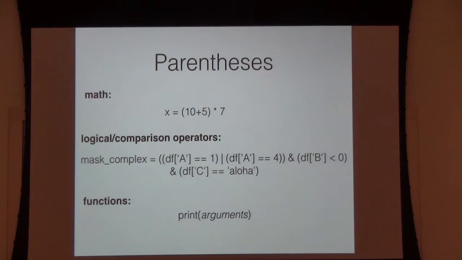So here's an example of how you use parentheses. We know we can use parentheses in math, in Python. You put your parentheses to make sure that if you forget the order of operations, you're getting what you want. You can also use them with logical operators and comparison operators. This is taken from homework 3.